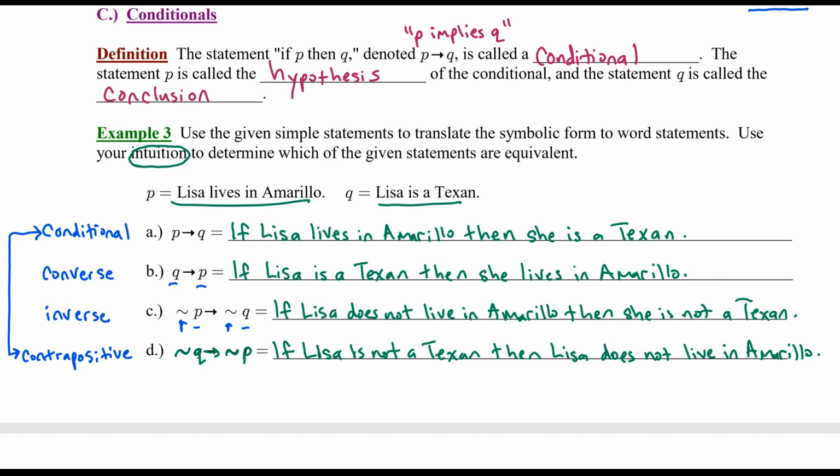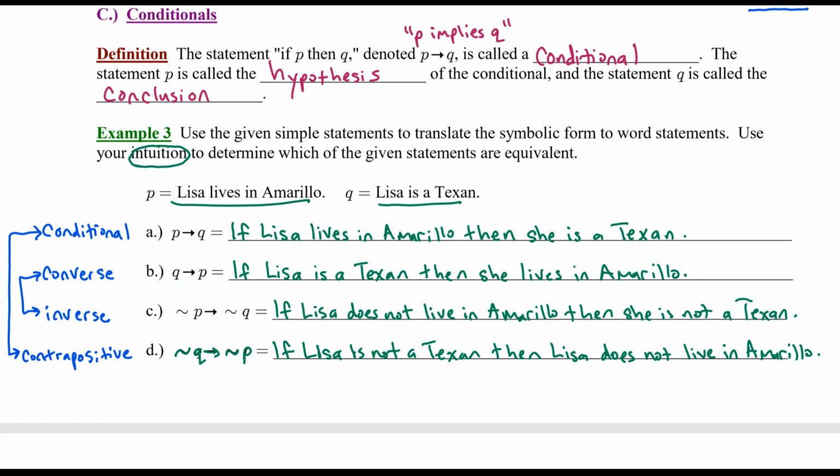So that's the same relationship that we saw with the conditional and the contrapositive. So the converse and the inverse are equivalent. If you're ever listening to a logical argument, a debate, or some sort of political discussion, and someone substitutes a converse for a conditional, you'll be able to understand that is not equivalent and that is bad logic.